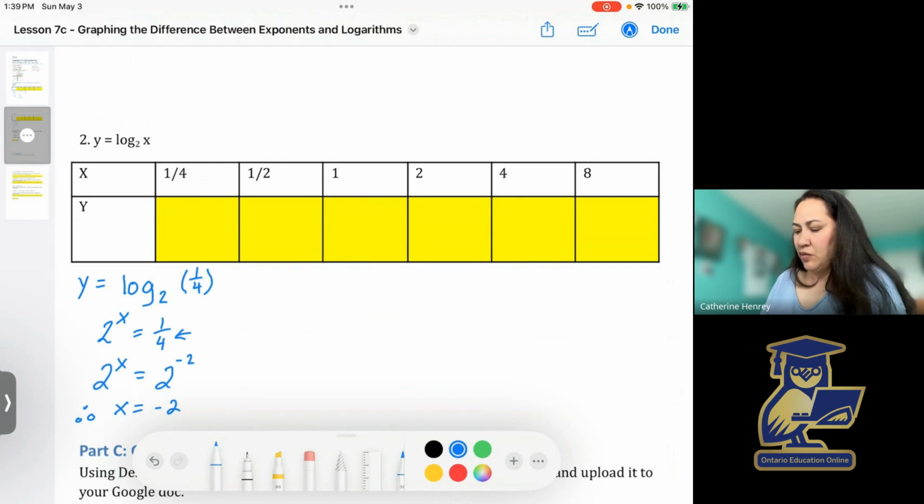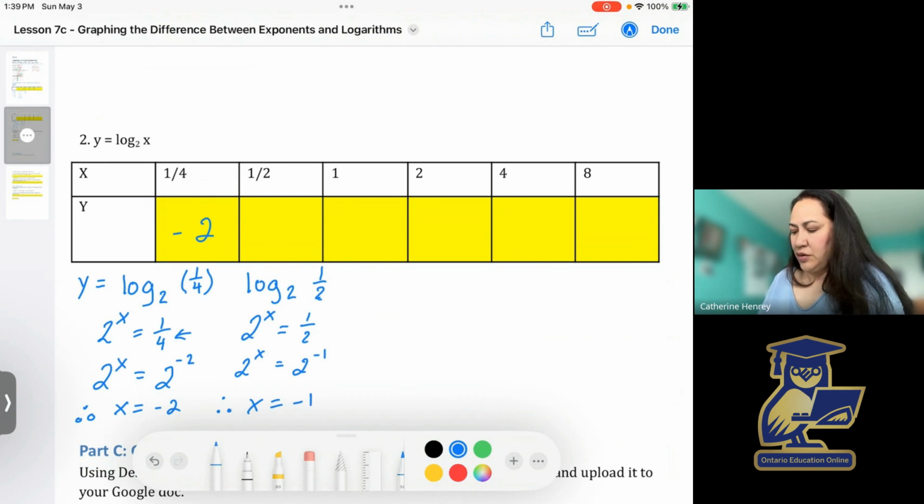We'll do that one more time with you. So log of 1/2 to the base of 2, that's equal to 2 to the power of x is equal to 1/2. 2 to the power of x is equal to 2 to the negative 1, and therefore x has to equal negative 1.